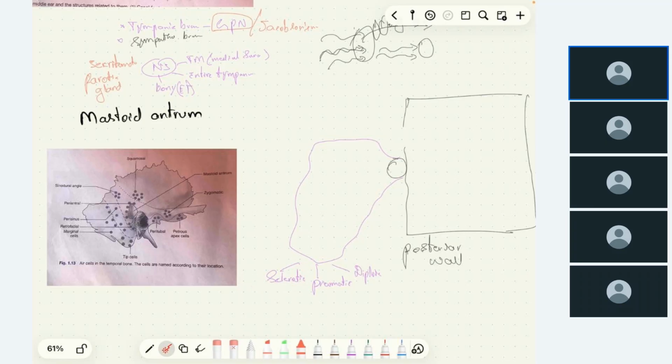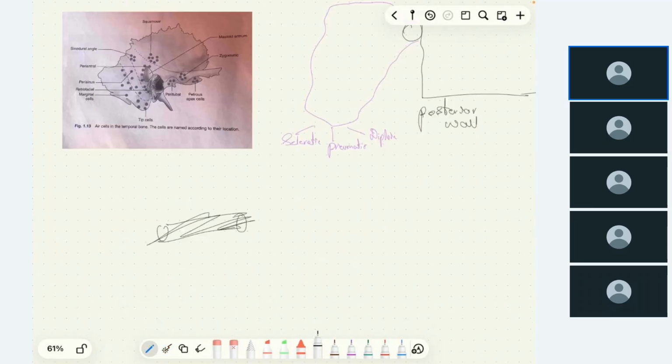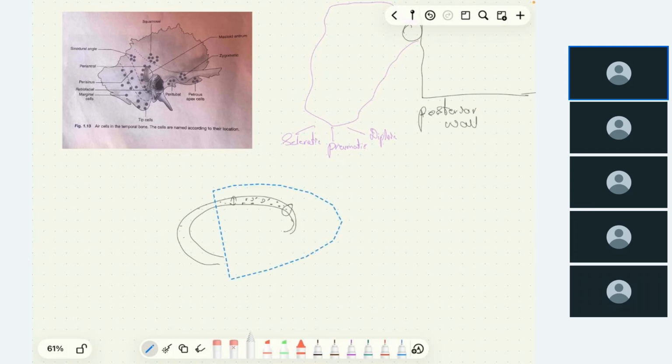The diploic ones have blood inside. We know the diploic, between the two tables in the cranium, between the outer table and inner table of the skull, is responsible for hematopoiesis. So there can be three kinds of air cells: sclerotic, pneumatic, and diploic.